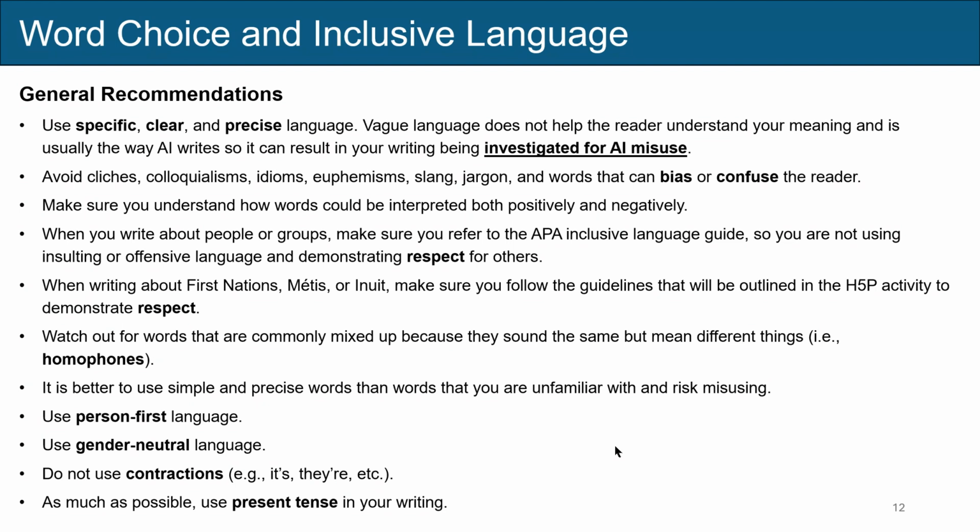Use that person first language, use gender neutral language, do not use contractions. Again, going back to module 2, these are not existent in all languages and have difficulty in translation, so we do not use them. And as much as possible, use present tense within your writing.